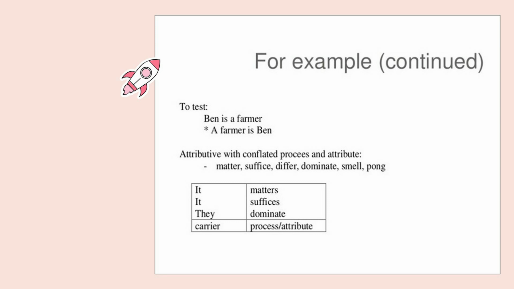Attributive with conflated process and attribute, like matter, suffice, differ, dominate, spell, and pong. It matters, it suffices, they dominate. It and they are the carrier, and meanwhile matters, suffices, and dominate are the process or attribute.